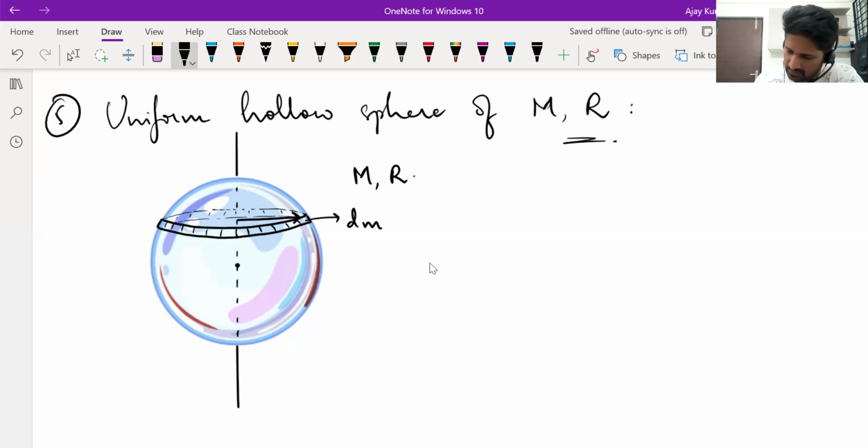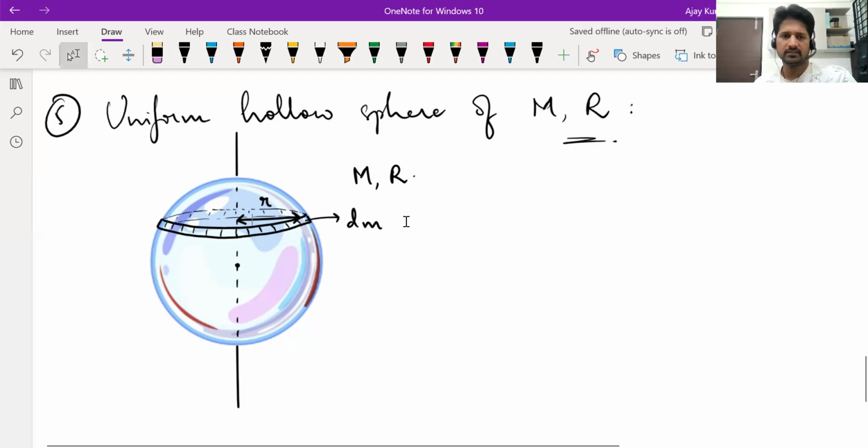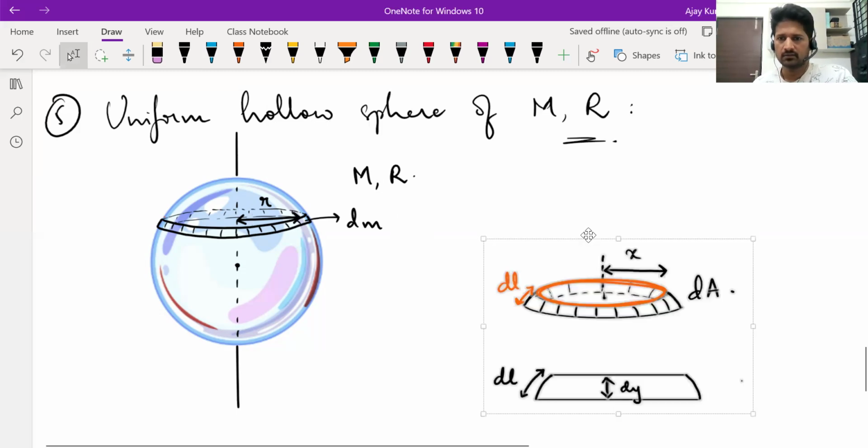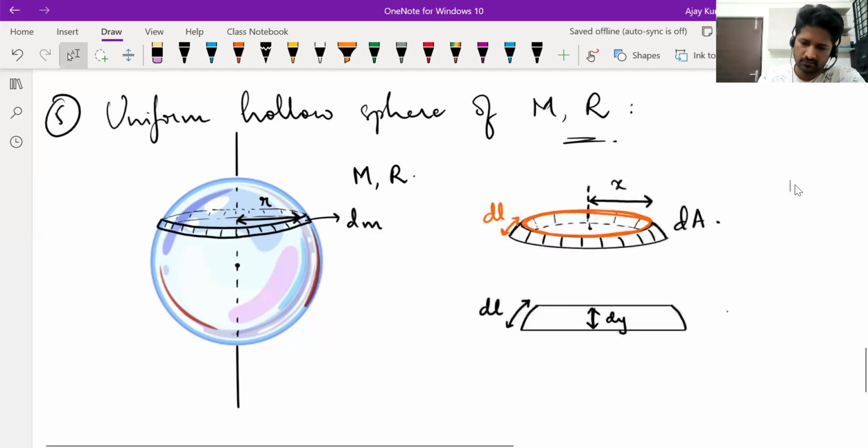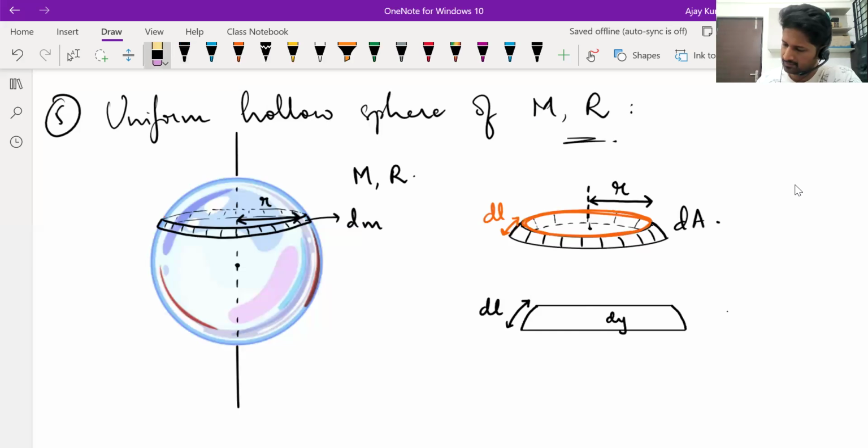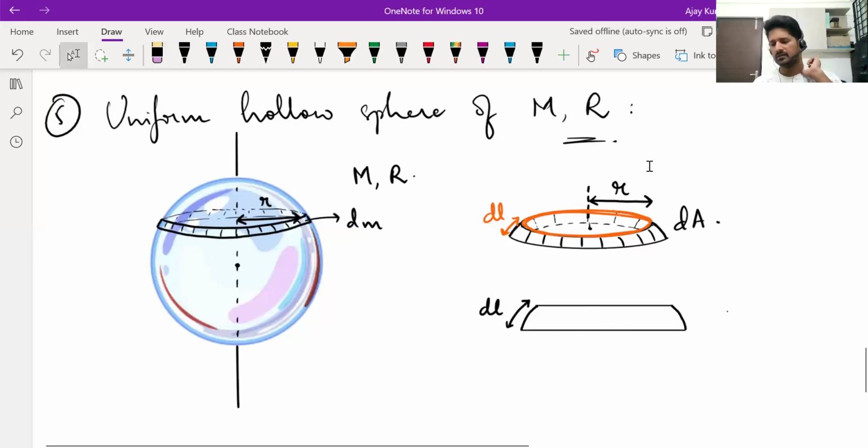But the radius of the ring is a variable from ring to ring. Let's call this radius small r. So as you take different rings, the radius keeps changing. So instead of calling it x, we can call it small r. Fine.